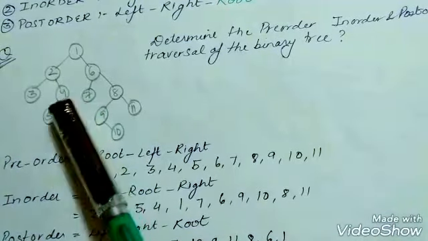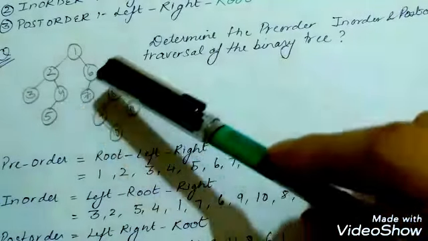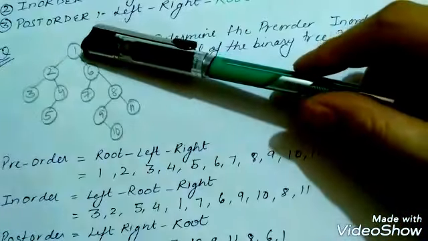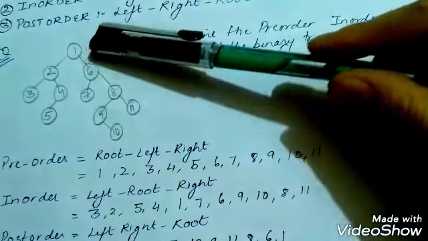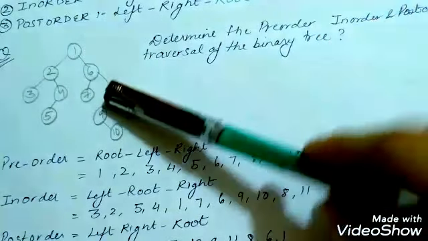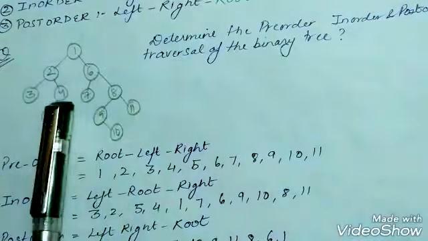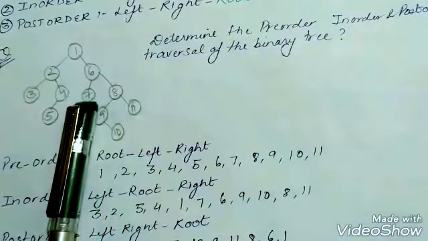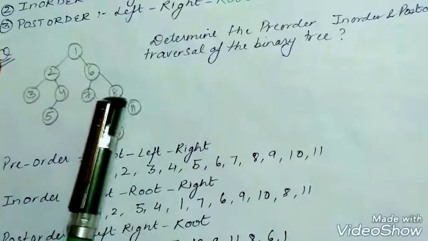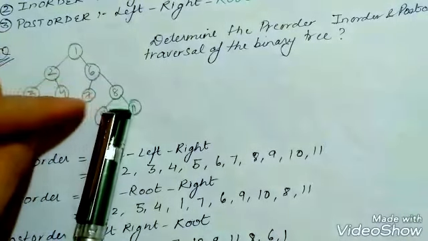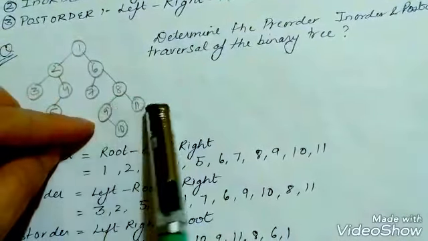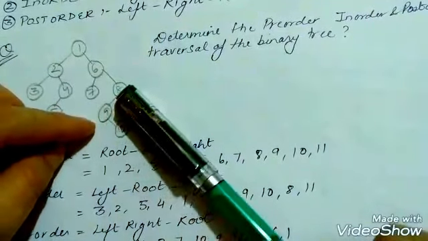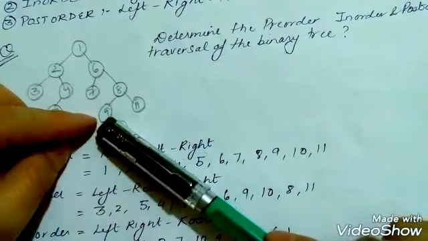Now we move on to our root, which is 1. And after that we will move to our right subtree. In the right subtree we take the left, root, and then right. So we take 7, 6, and then we move to 8, but 8 is the root, and before the root we need to take all the elements which are on its left side.